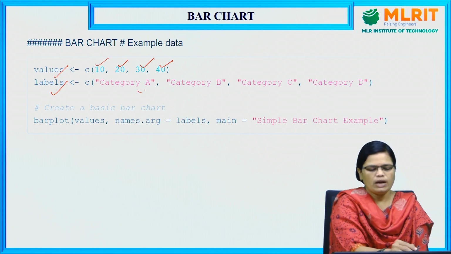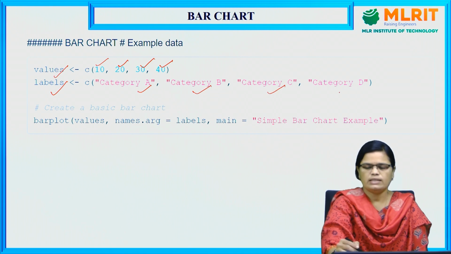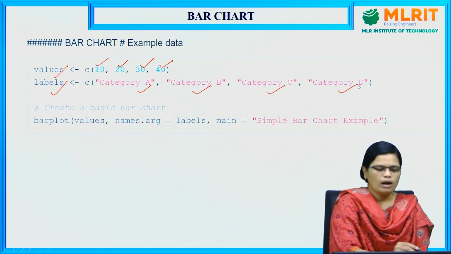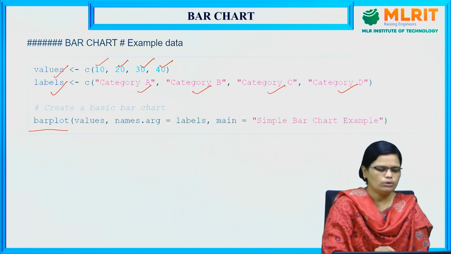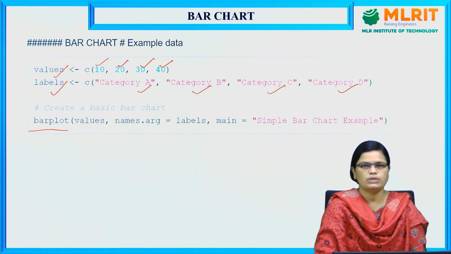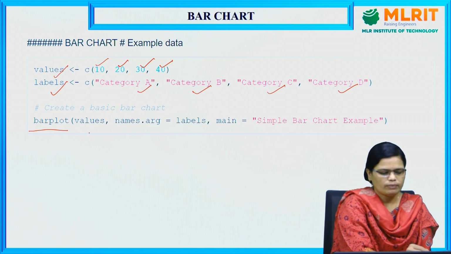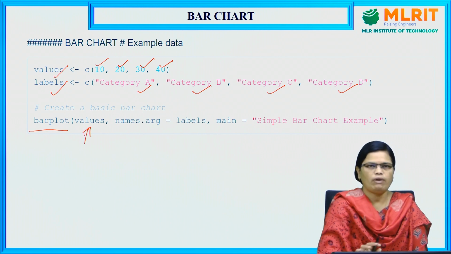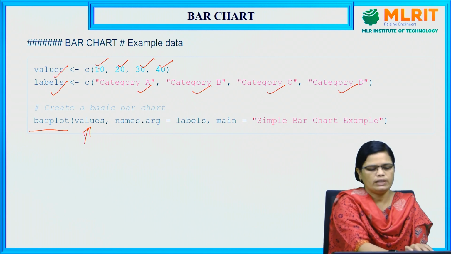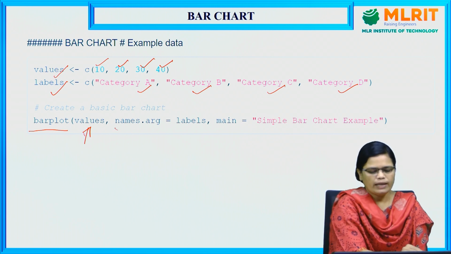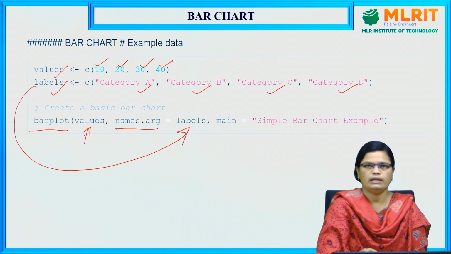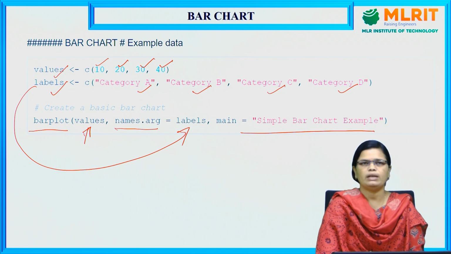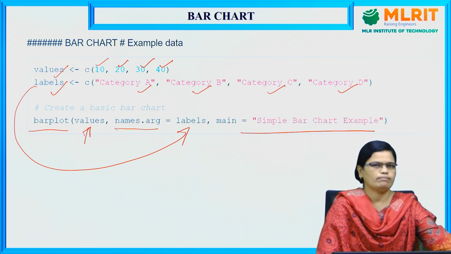For the labels, we have category A, category B, category C and category D. For displaying a bar chart, we have the built-in function available in RStudio. Barplot is the built-in function available, and the values is the values vector that we have assigned, 10, 20, 30 and 40. And for names.arg, we are assigning the labels, and we are naming this one as simple bar chart example. We are assigning the name to the chart.